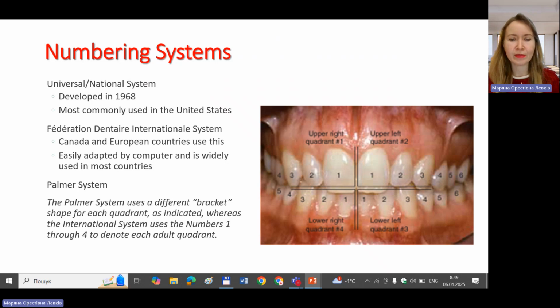The Universal National System was developed in 1968 and is most commonly used in the United States. The Federation Dentaire International System is used in Canada and European countries. It is easily adapted by computer and is widely used in most countries.